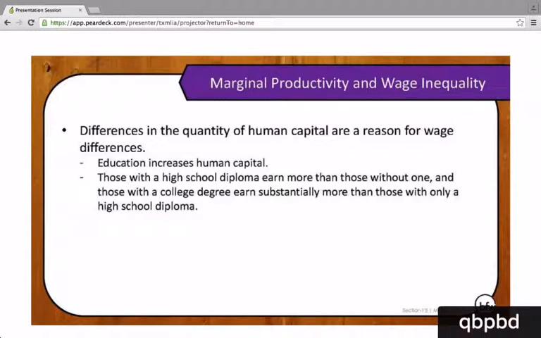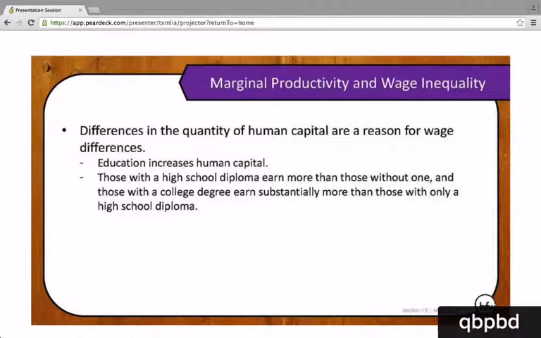Differences in the quantity of human capital are also a reason for wage differences. Now, human capital refers to the accumulated education, experience, and training possessed by an individual. Some people have much more education than other people. Some people have many more years of experience on the job. Some people have much more training.